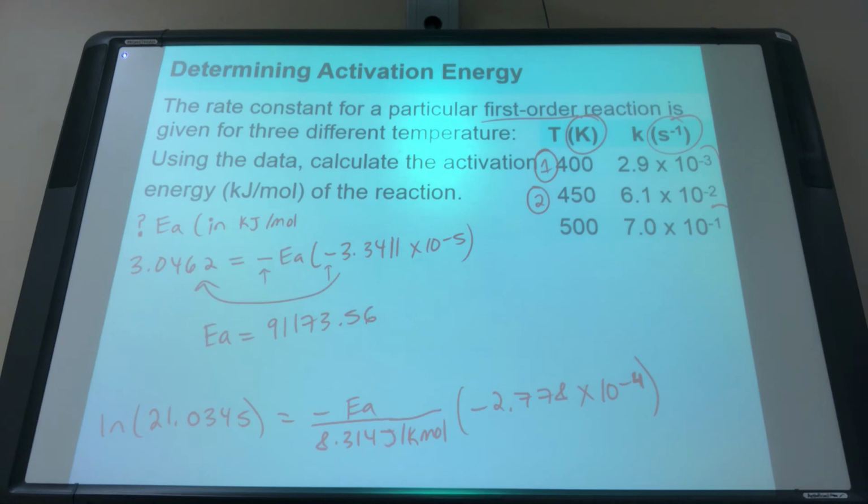Because this was in joules, and down here my R is in joules, this is in joules per mole. But we said we wanted kilojoules per mole, not joules per mole. So I've got one more step. Joules go on the bottom, kilojoules go on top. Kilo stands for 10 to the third, which is on the opposite side, so on the bottom. So this moves my decimal over 3 times, so I get 91.17 kilojoules per mole. And that's going to end up being my activation energy.